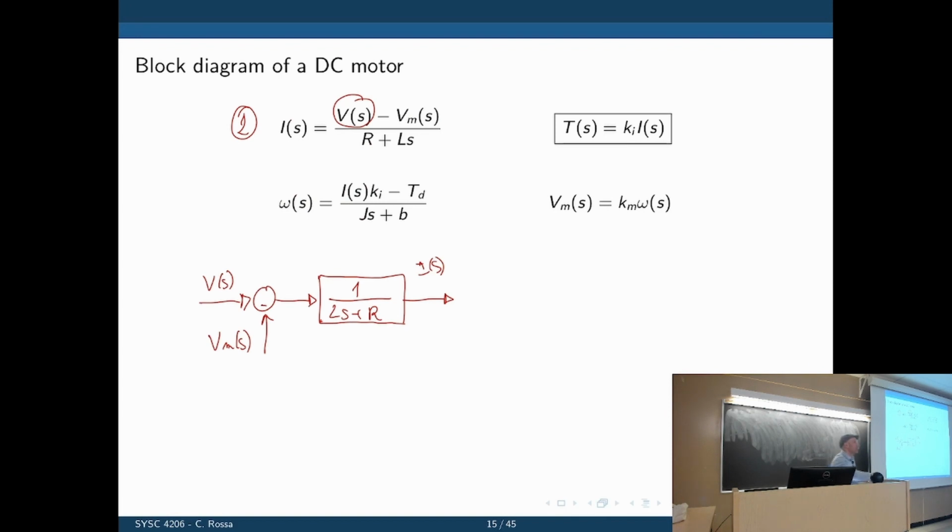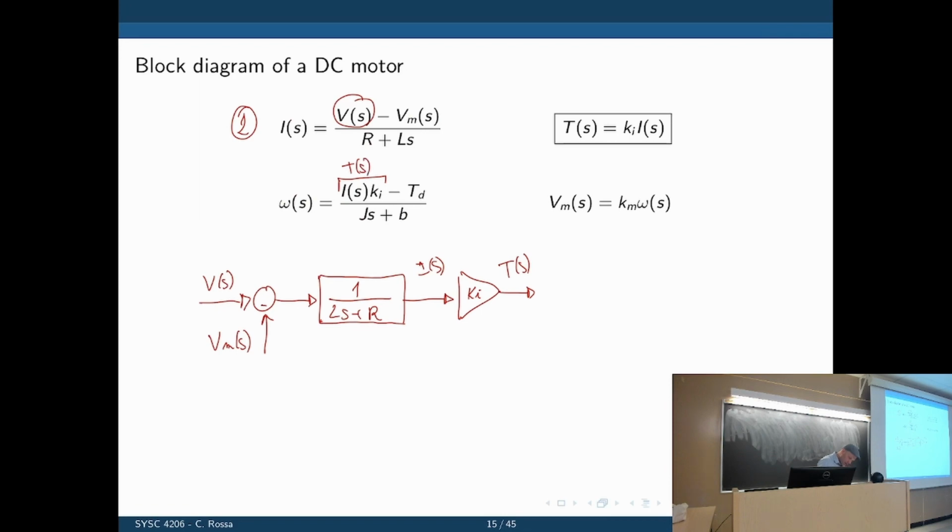Yeah? So what do we do next? I'm going very fast because I'm assuming that you remember what's going on here. So what do we do next? Exactly, times Ki. That gives T of S. So this is T of S, right?